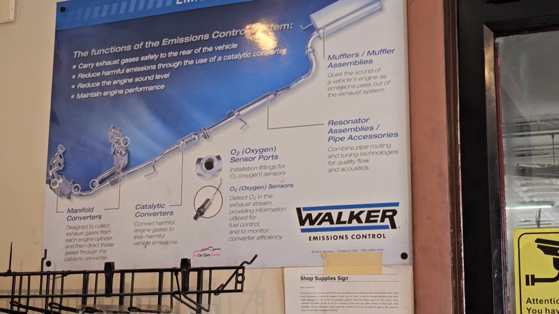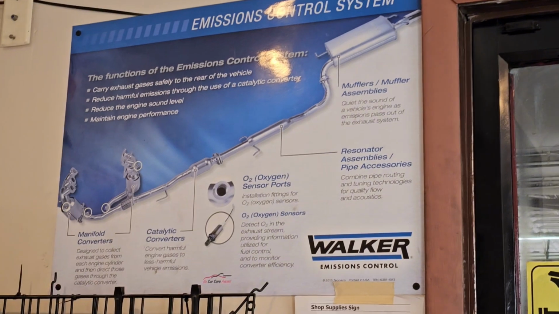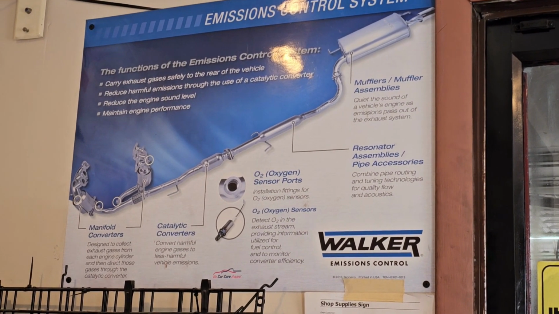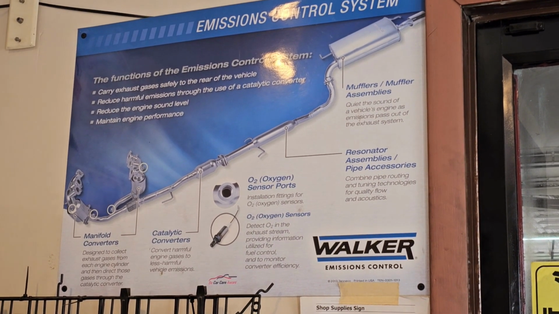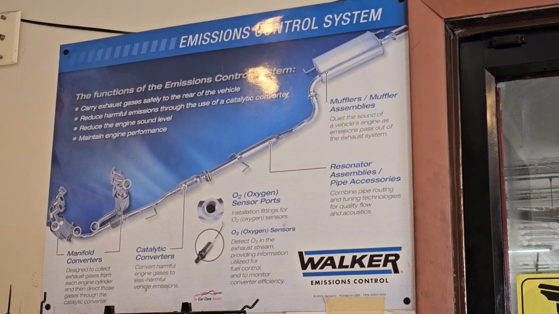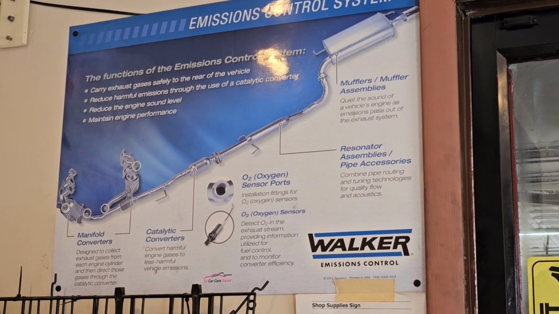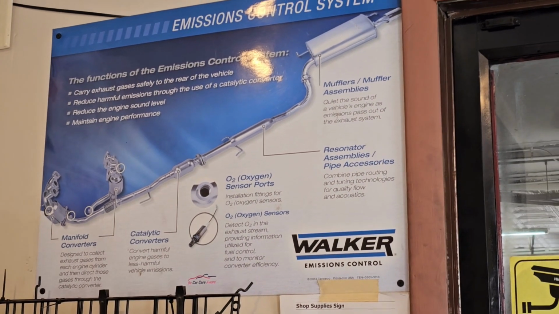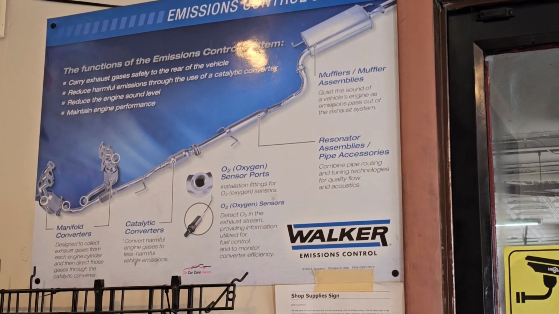If your fuel trim is off, which means the engine is not burning the stoichiometric air-fuel ratio, which is 14.7 parts air to 1 part fuel, that can cause the computer to think the catalytic converter is not working correctly. So common things to check for: fuel trim, exhaust leak, and O2 sensor operation.